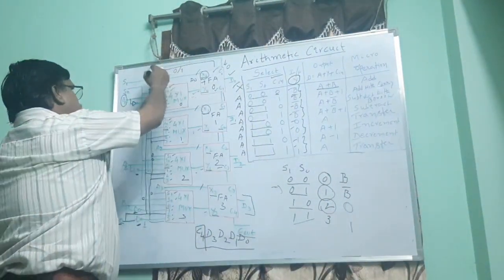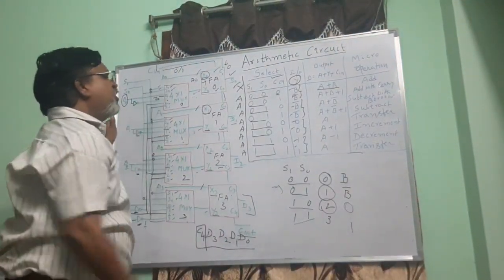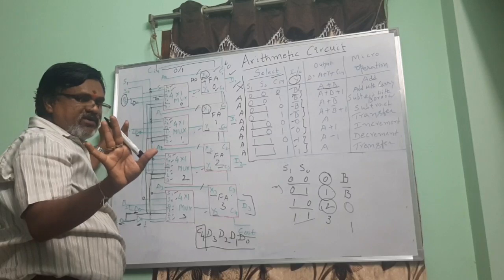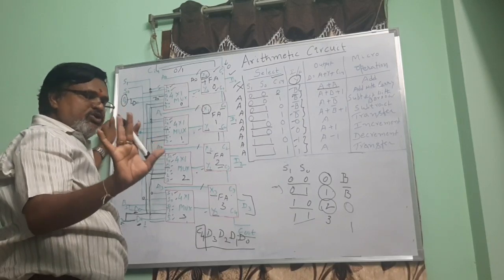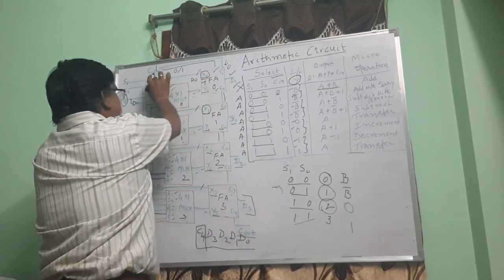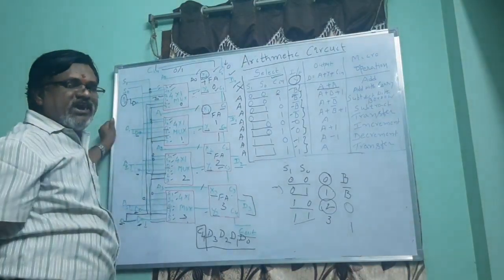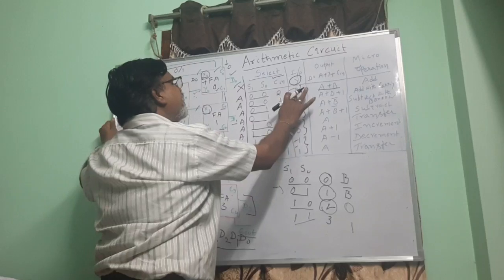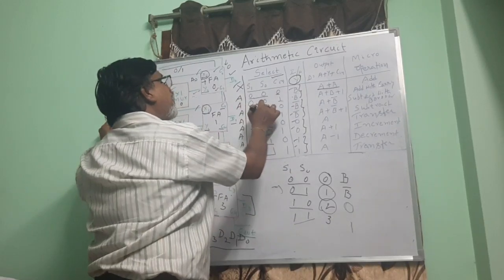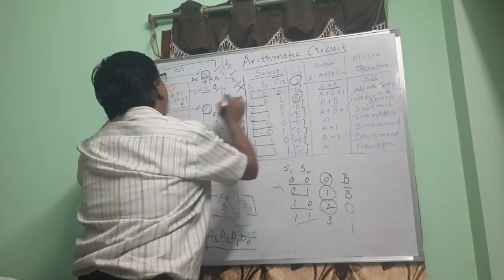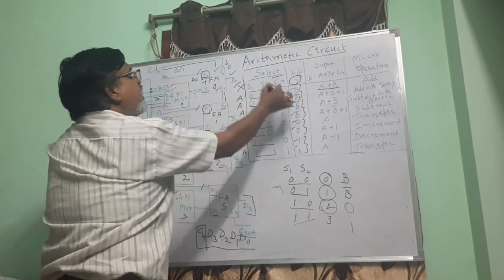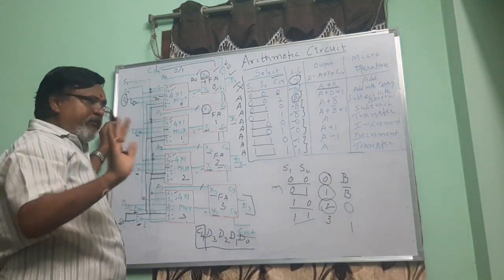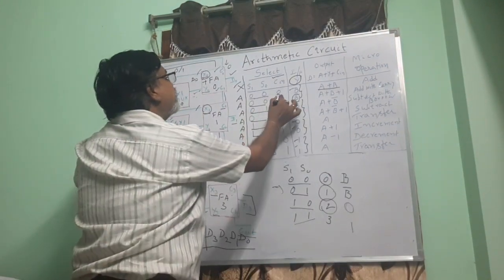If Cn is 1, S1 and S0 are still 0 0, they are not changing, but the initial carry bit we give is 1. As S1 and S0 are 0 0, the Y input is B only, meaning B0, B1, B2, B3. But Cn is 1.